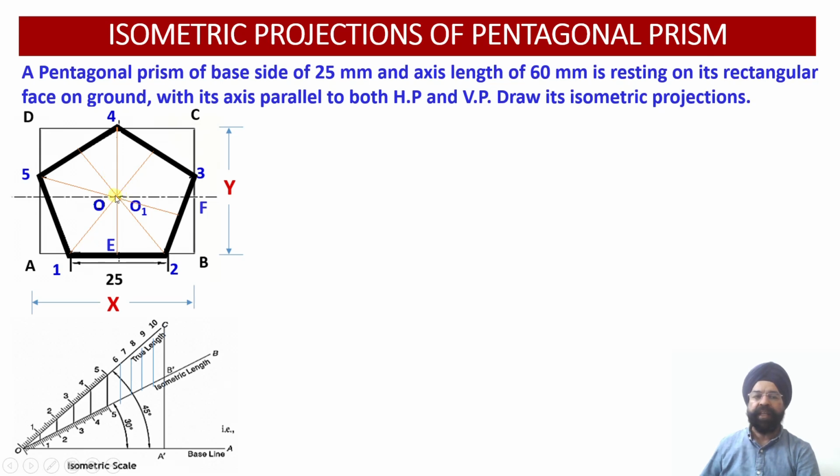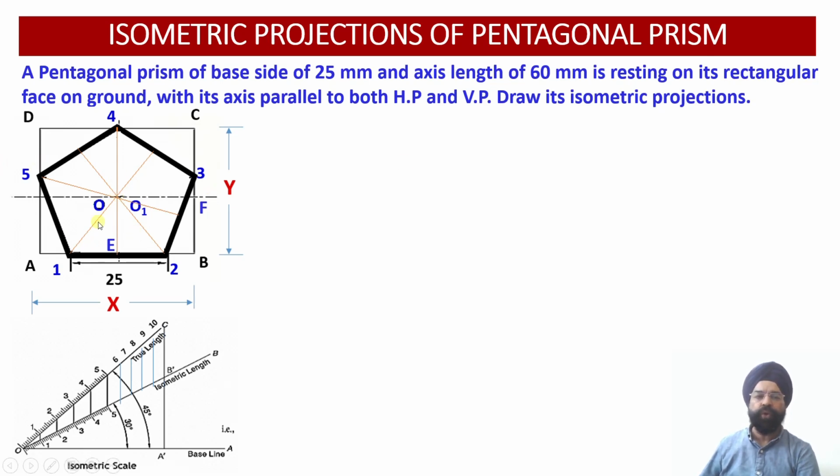Once we locate this axis point, one thing we should note is that this axis point will be lying slightly below the horizontal line which joins these 2 points 3 and 5. Another thing, we cannot locate these axis points straight away onto the isometric projections, because the angles and the shapes are not going to be preserved in the isometric projection.